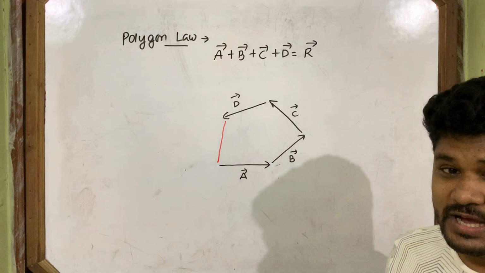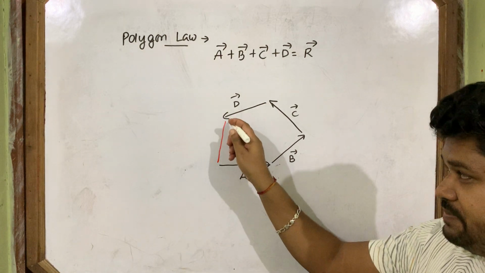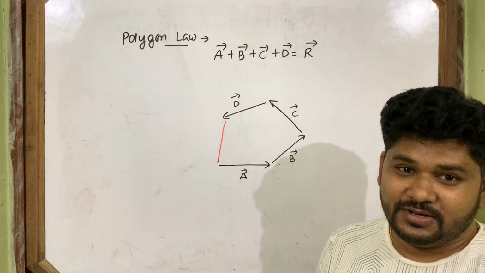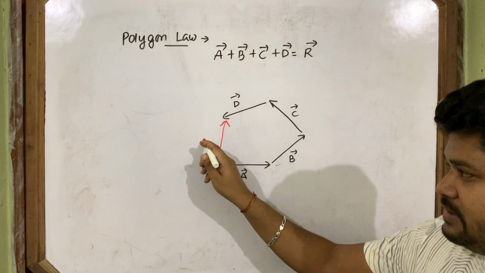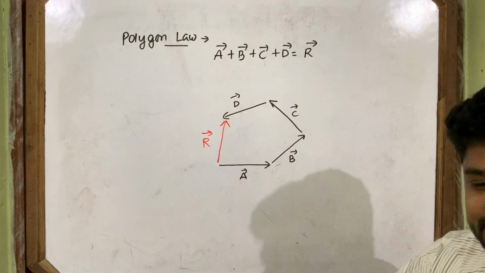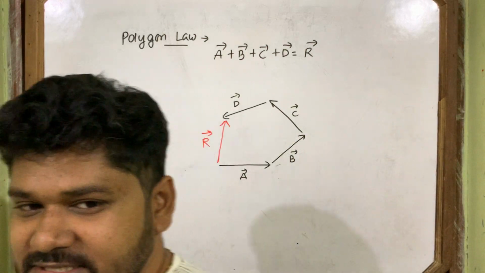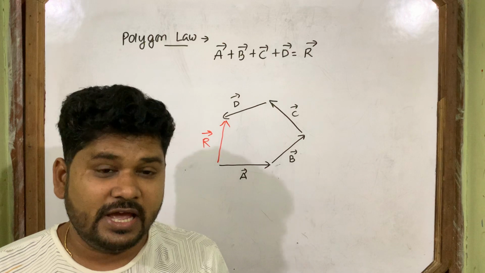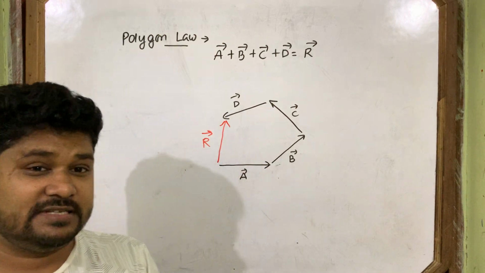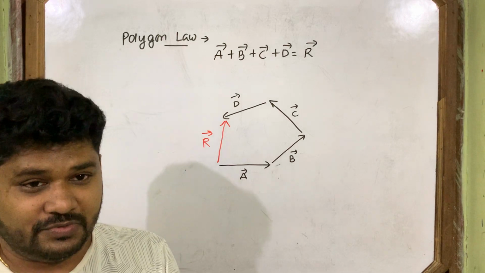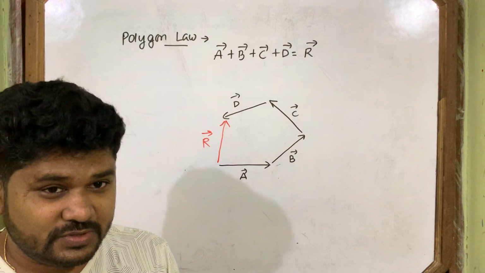Where should I put the arrow? Opposite order means the arrow will be up. So this is the resultant. But how can we prove that this will be the resultant? Now we will go to that.